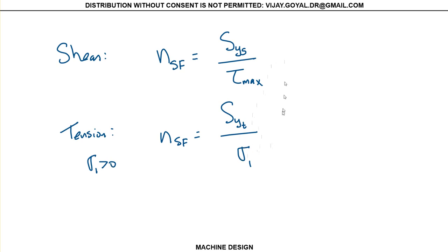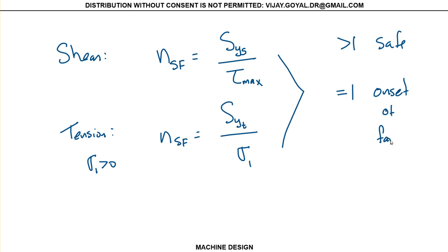Same property applies: bigger than 1 is safe, equal to 1 is onset of failure, and less than 1 means it has failed.